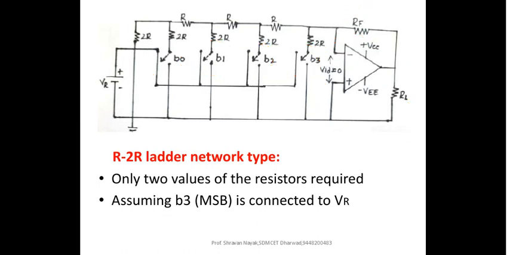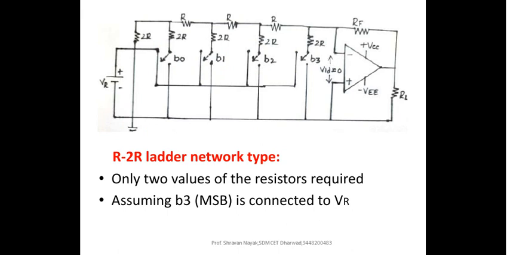So accordingly, the digital switches can either be connected to logic high or logic zero, as you can see here. In our earlier representation, when we took the binary weighted resistor type, this VR was taken as negative, if you remember properly.